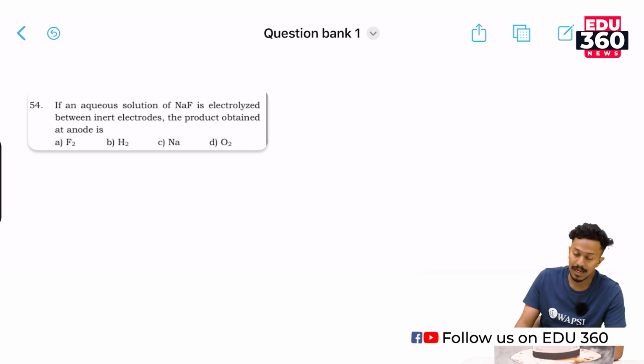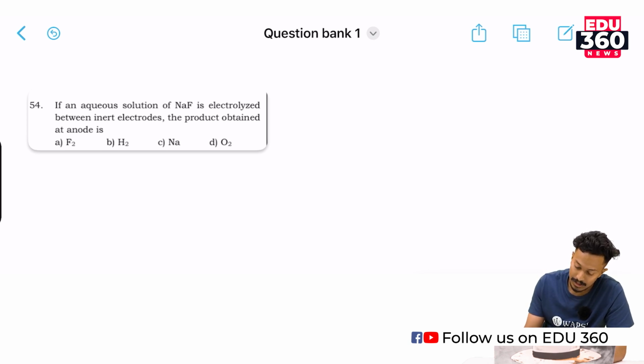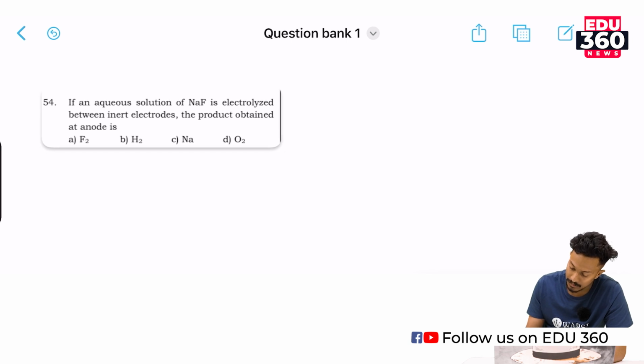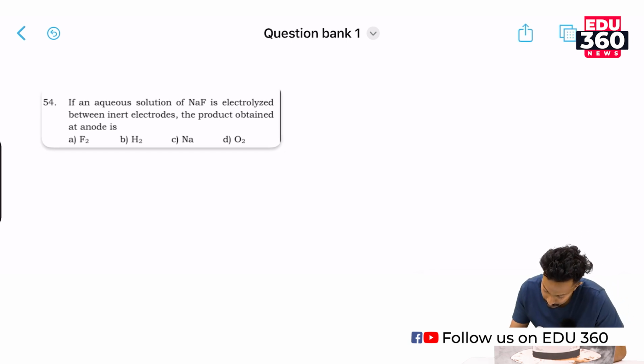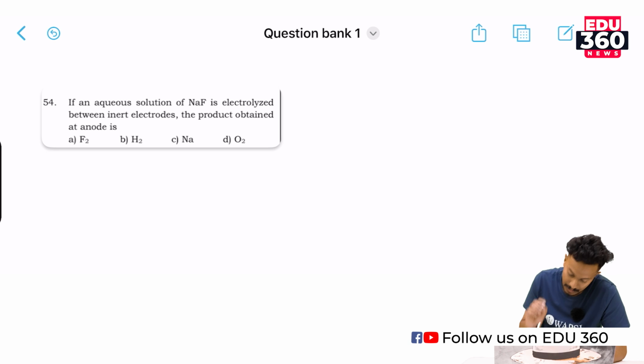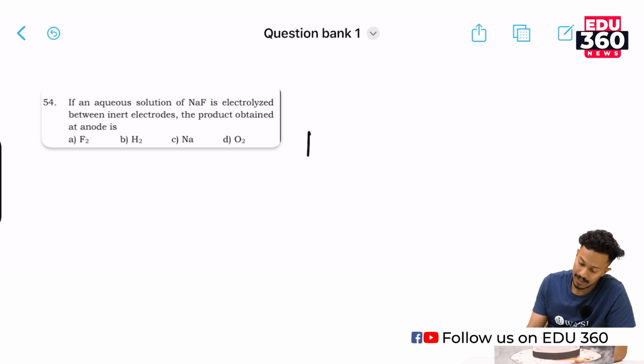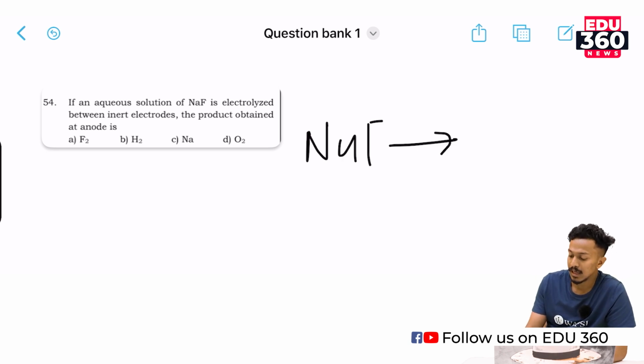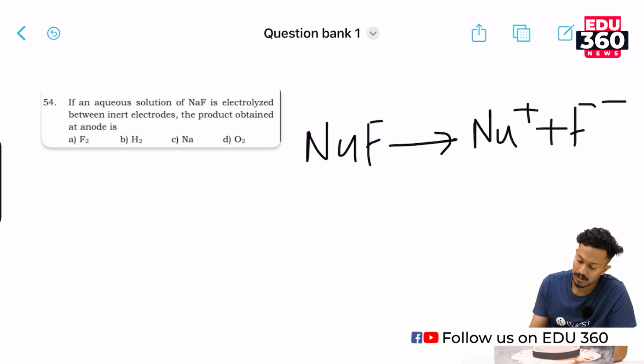Okay, what is happening at the anode? In the electrochemical reaction, we have sodium fluoride NaF, which gives Na+ and F-, which is completely on the cathode.